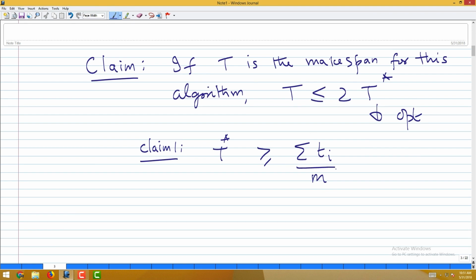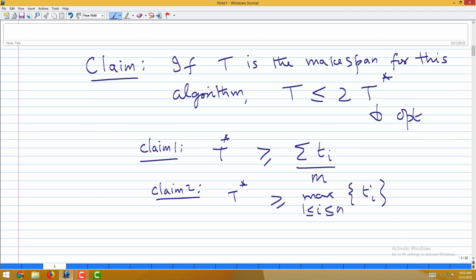Max, sorry, what did you say? Yeah, so max, exactly, that is what he also said. So, another lower bound which we will use is T star is at least the max of the time required. Look at the n jobs and pick the maximum. Any machine must take at least that much time, because this job has to be assigned somewhere. So, these are the two lower bounds.